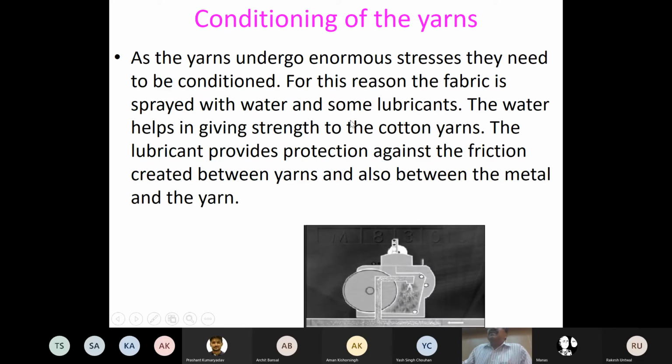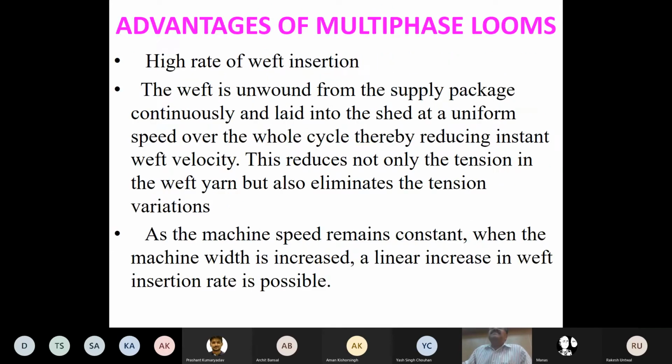Or conditioning the yarn, meaning keeping the yarn in appropriate ambient conditions, or you can even go for steaming the yarn in an autoclave so that the probability of snarl formation or twisting of the yarn during weaving can be minimized.